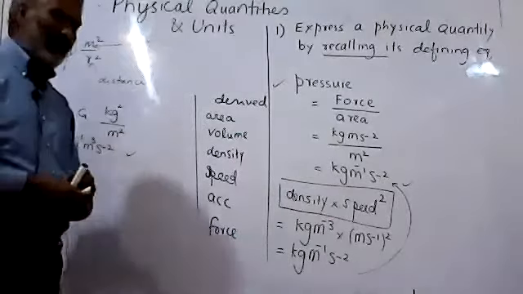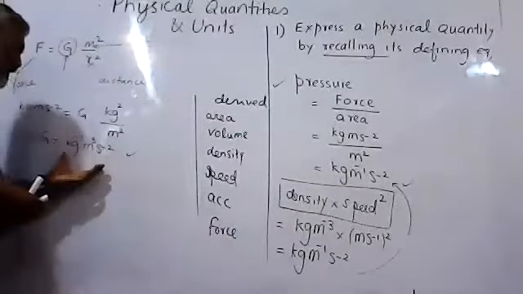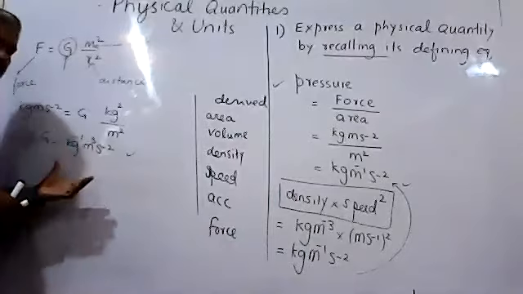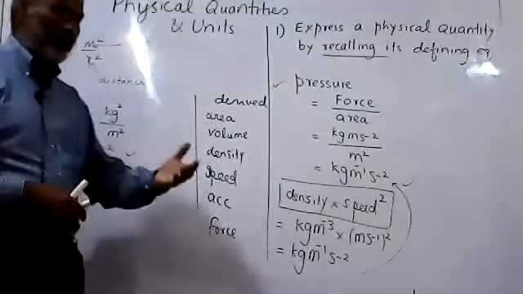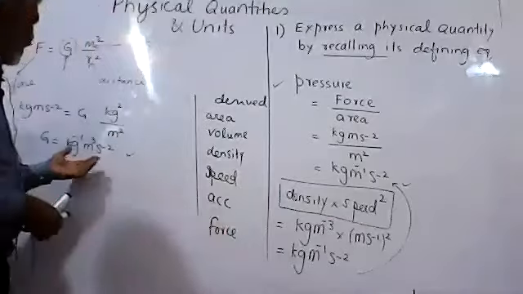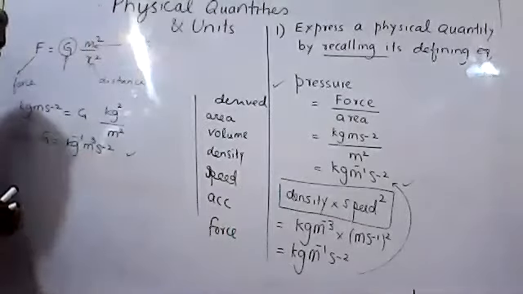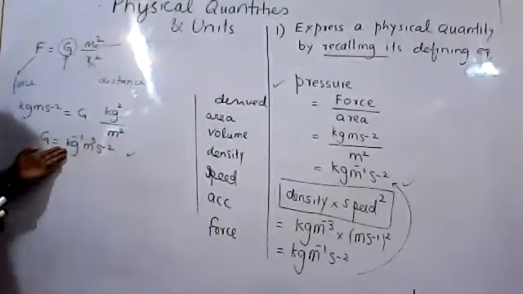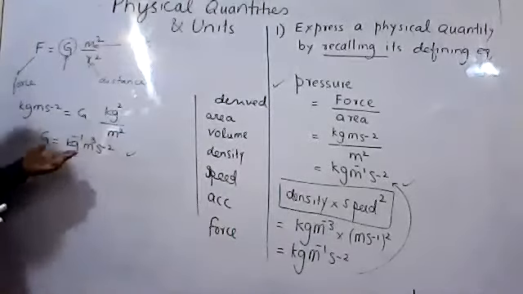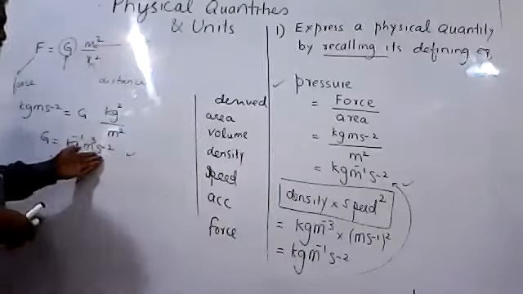And as I emphasized yesterday, it is not always necessary to express them in a familiar, known form. Sometimes it can be a very unfamiliar, totally weird kind of expression, like kilogram to the minus 1, which is unusual, and meter cubed, s to the minus 2.